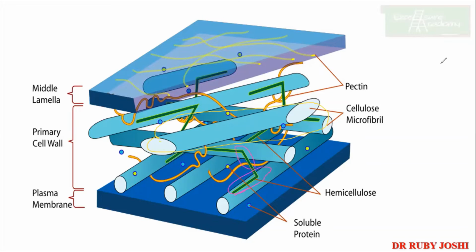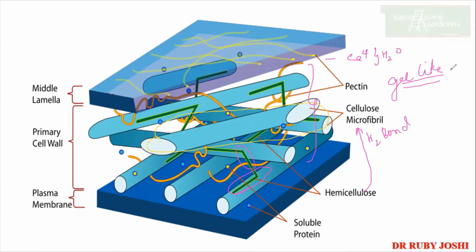So as we just saw, hemicellulose makes hydrogen bonds with the cellulose microfibril, right? Then we have got the pectins. So here pectins are also present. Now because of this whole arrangement, pectin negative charge associated with calcium 2 plus will trap water molecules. Okay, so this entire region is present in a gel-like component. Okay, and then certain other soluble proteins are there.